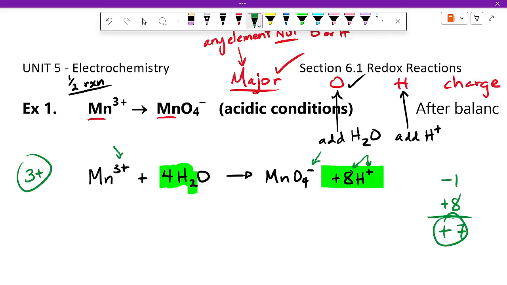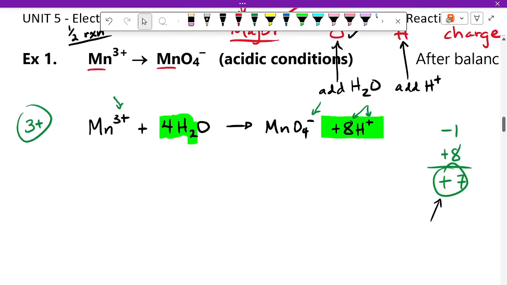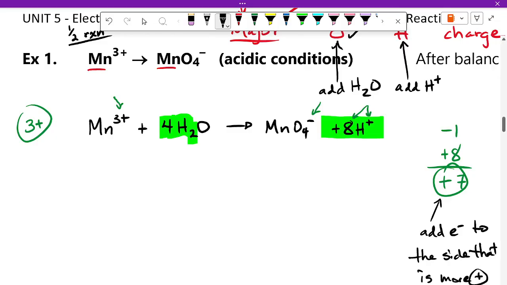So do I add electrons to the side that is more positive or less positive? Yeah, we add electrons to the side that is more positive. How many electrons do we need to add?